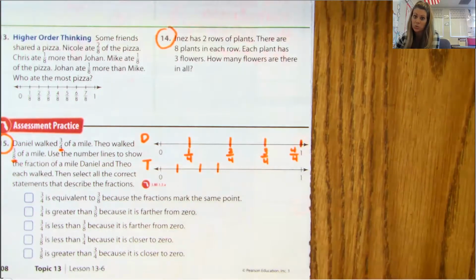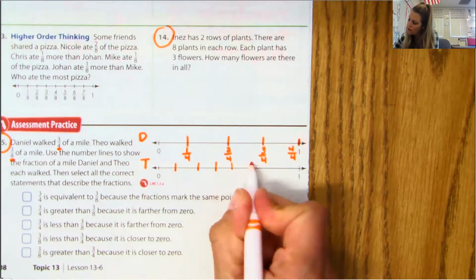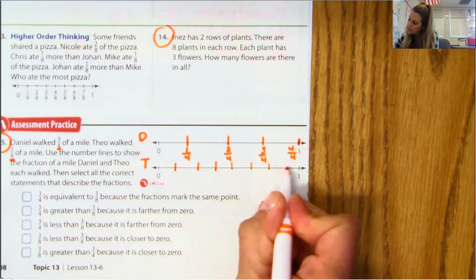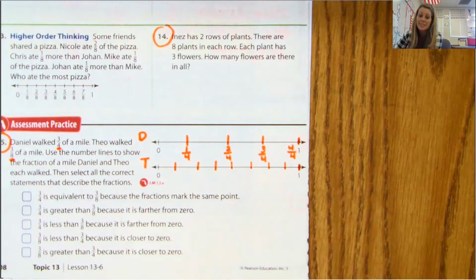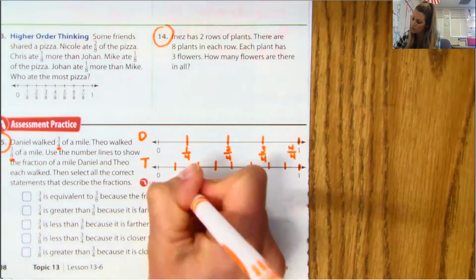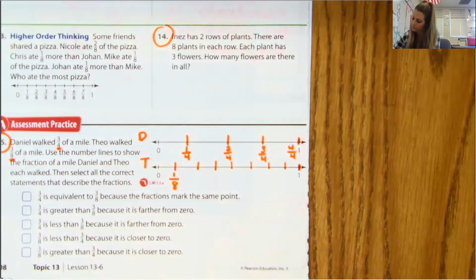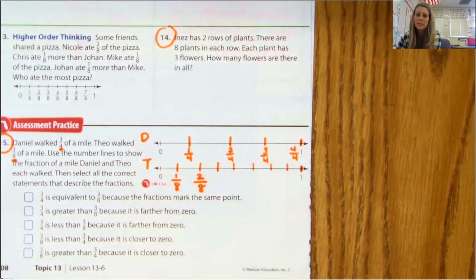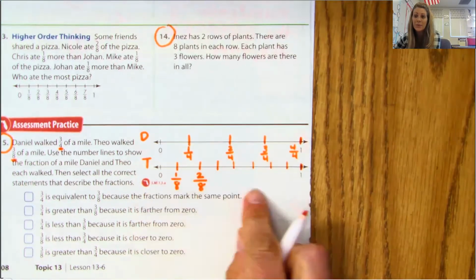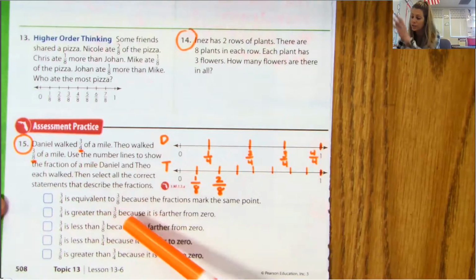We're going to have to make them closer together because we have to do 8. 3, 4, 5, 6, 7, and then 8, right? So we know this is 1/8, 2/8. I'm going to leave you to number the rest, okay? And then answer the question.